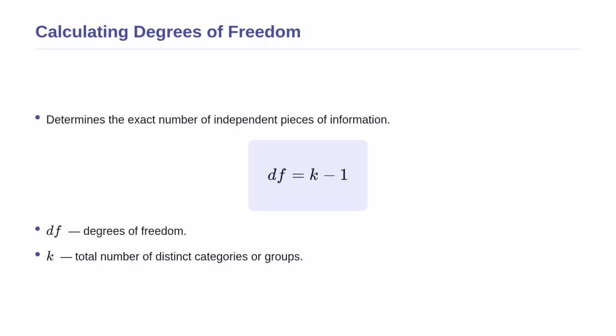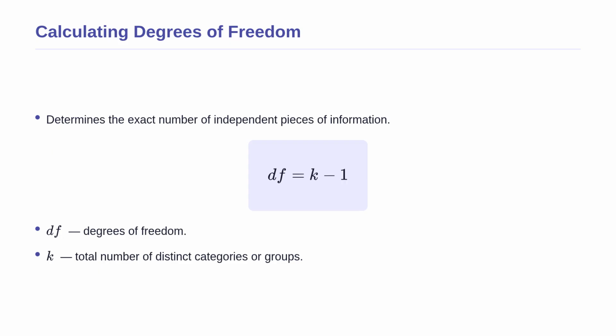Now that we grasp the intuition behind degrees of freedom, let us look at its mathematical form. The formula is beautifully simple. df equals k minus 1. Here, the variable k represents the total number of distinct categories or groups in your experiment.